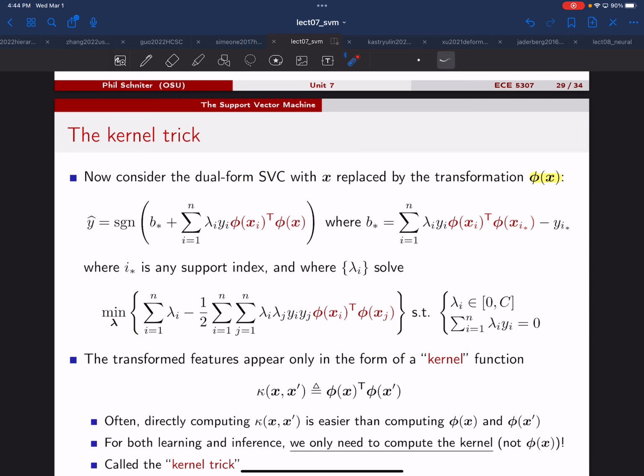Okay, so if you tell me an explicit feature mapping phi, then as long as I can do all this, I can solve the SVC for those transformed features. But now the beauty of this is, notice that you always have things showing up in a particular form.